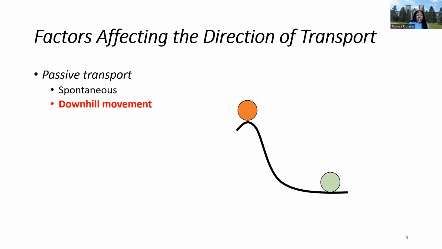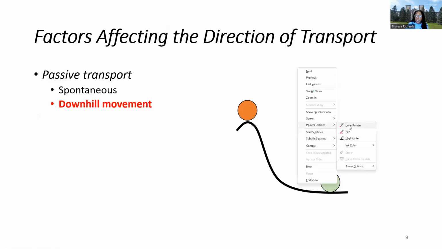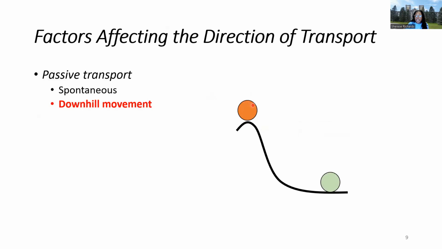Okay, so as we think about passive versus active transport, we want to sort of visualize this as the direction of movement. So passive transport is going to be a downhill movement. Think about a ball on the top of a hill, and as it moves down the hill, that is synonymous with a passive type of movement. In other words, that's going to be spontaneous.